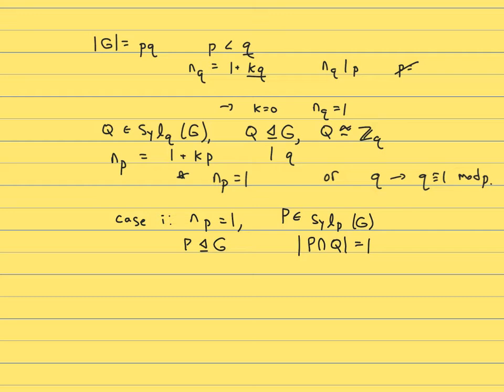So by the diamond isomorphism theorem, I forget which name it's given in this book, but I'm going to call it the diamond isomorphism theorem, you have that PQ is a group, and what is its size? Well, it has to have size p times q. Oh, it must be all of G.